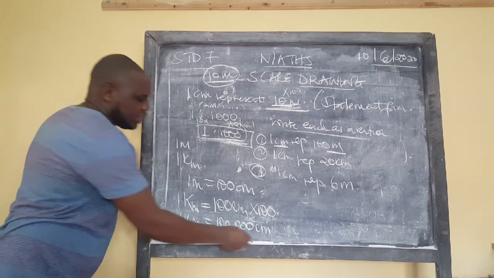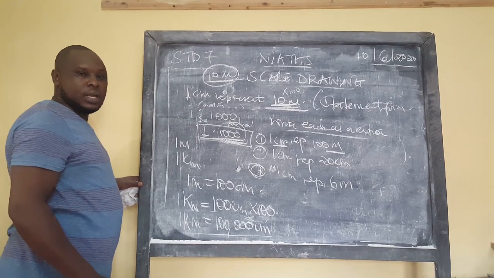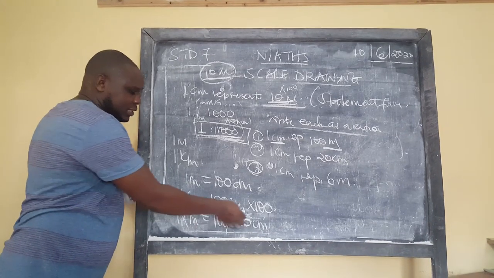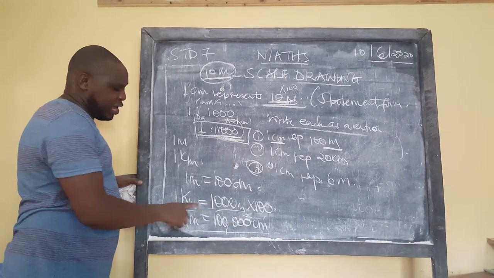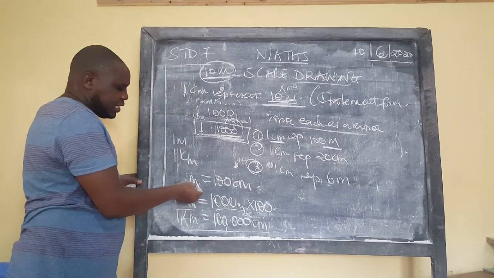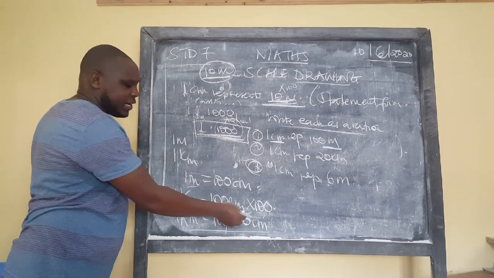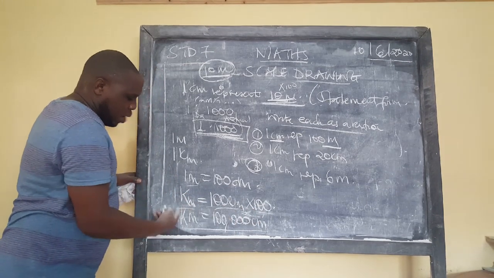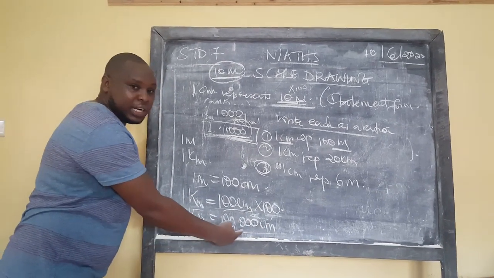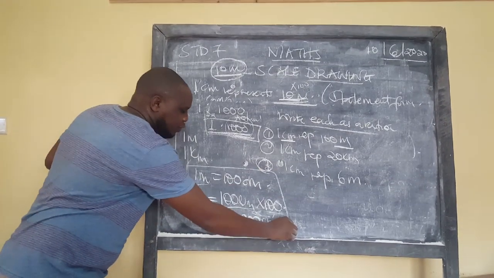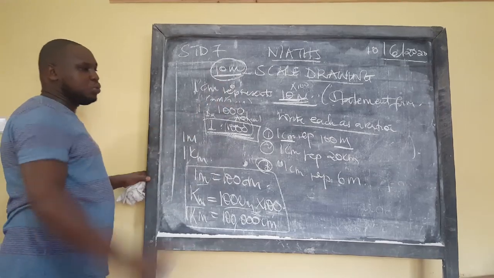Lana, you have been able to see where we have gotten 100,000 centimeters from. We first change the 1 kilometer to meters, you get 1,000 meters. Then from there, change these meters to centimeters by multiplying. Whenever we change meters to centimeters, we multiply by 100. So 1 kilometer is equivalent to 100,000 centimeters. These are very, very important. If you get this clear, you can be able to do any question.